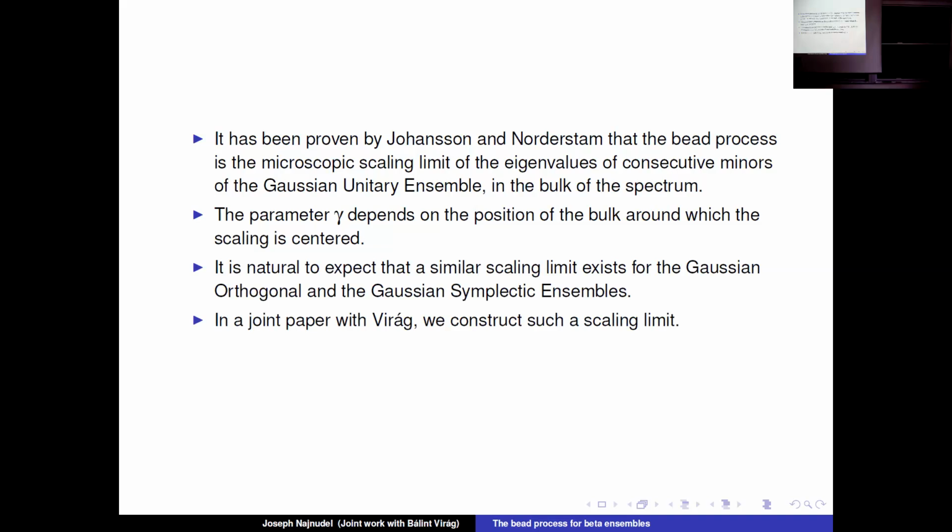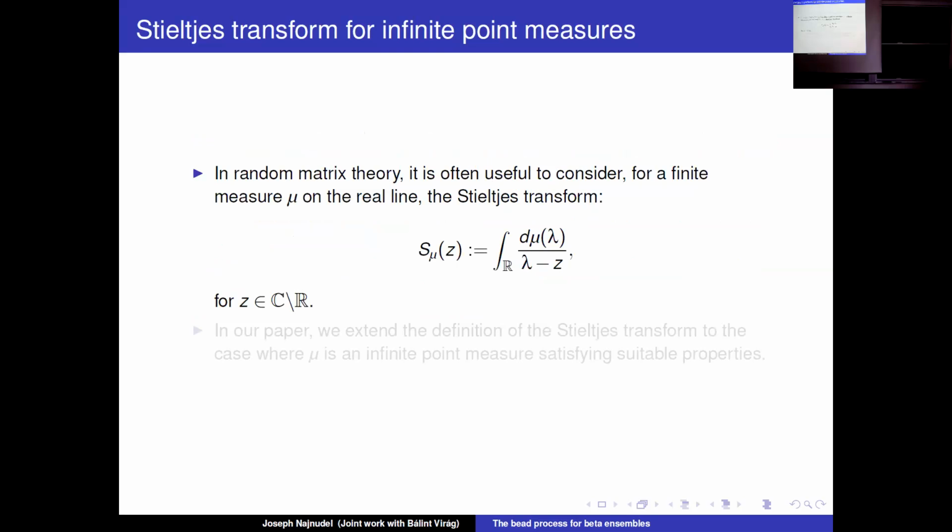So instead of just the GUE, we consider the GOE and the GSE. And more generally, we have a construction which works for all beta ensembles. There is this parameter beta, which is 1 for GOE, 2 for GUE, and 4 for GSE, and this can be generalized for all beta. This is what I will explain later.